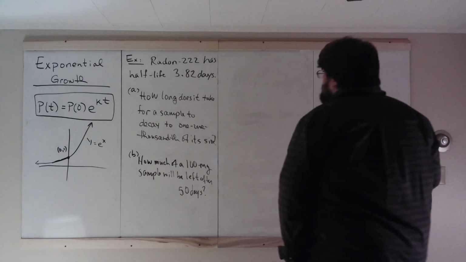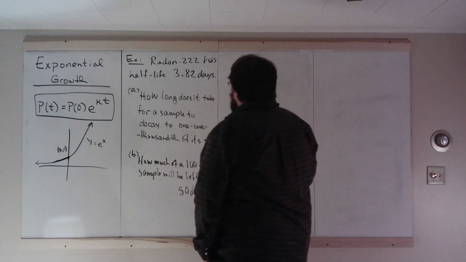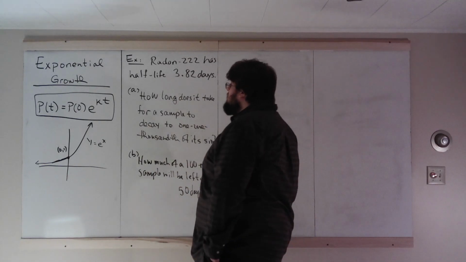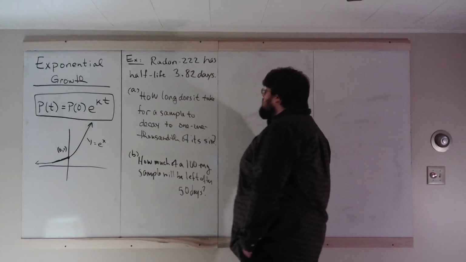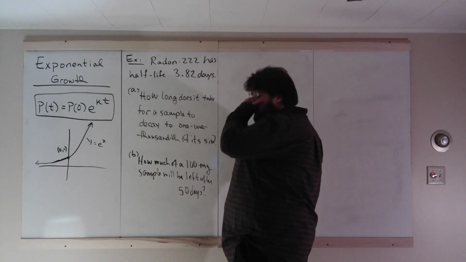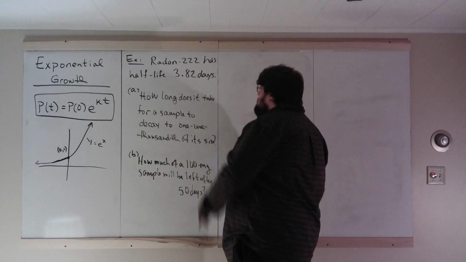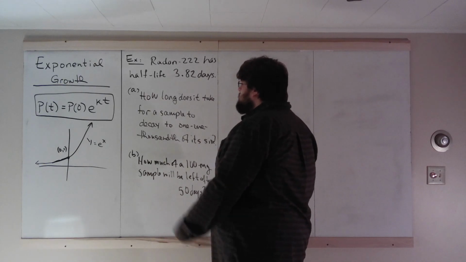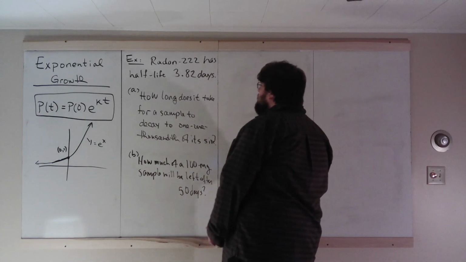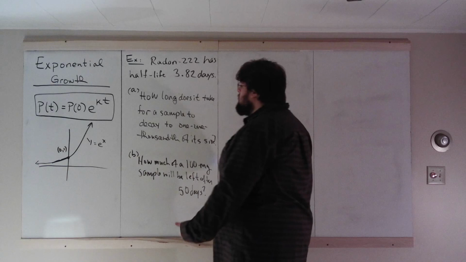So first, before even answering part A, what we need is the constant K. And we'll use the half-life information to find that. Now, we aren't starting with a given amount, so we don't have to get fancy with our numbers. We can just use 1 and 2. If you start with 2, after 3.82 days, you'll be left with 1.